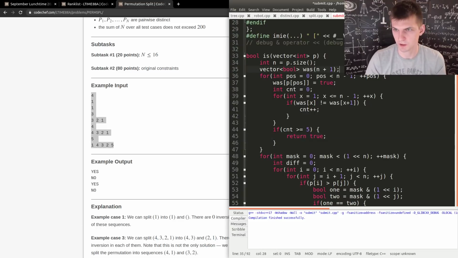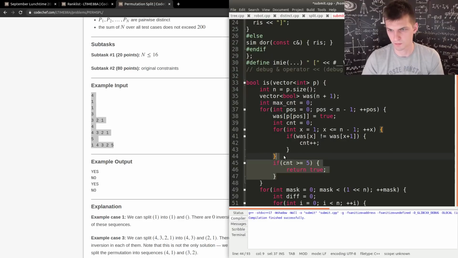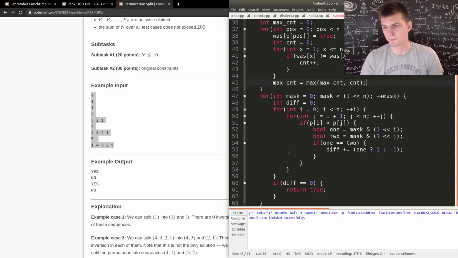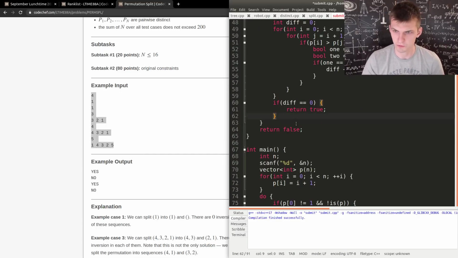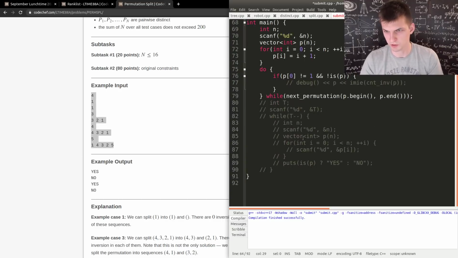Just find the maximum count. If we return false, just print this.